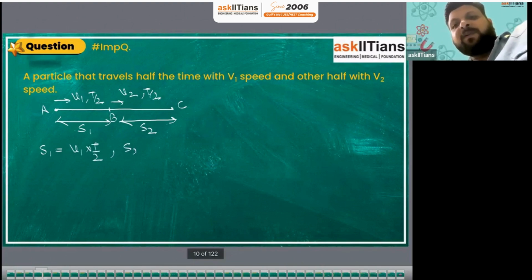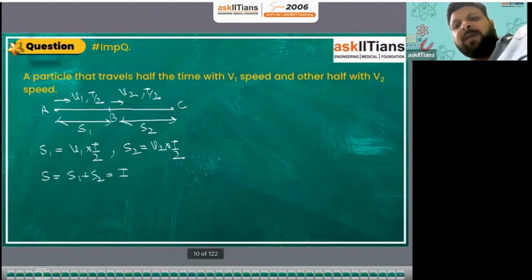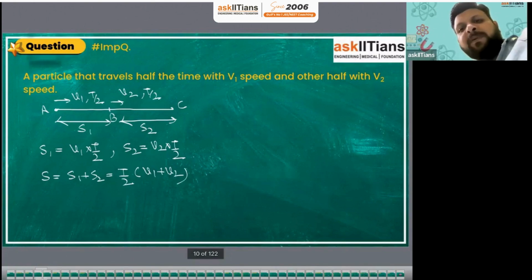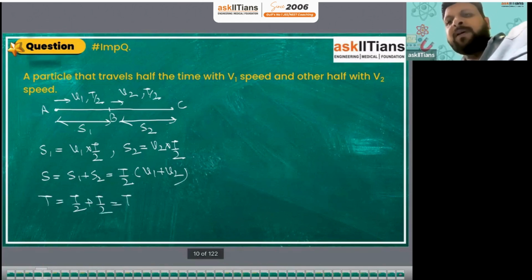Again, S2 is equal to V2 into T by 2. Total distance S will be S1 plus S2 and this will be equal to T by 2 into V1 plus V2. Total time here is T by 2 plus T by 2 and this is equal to again T.